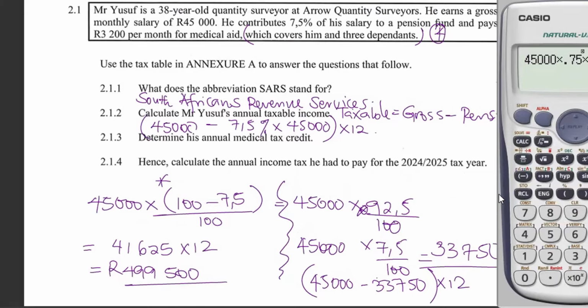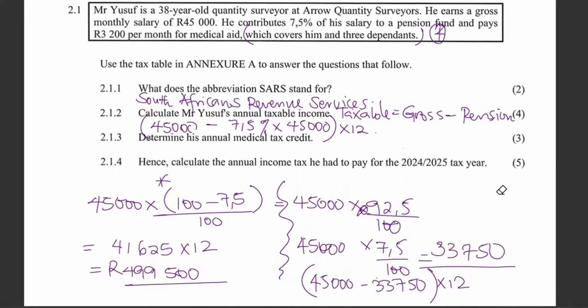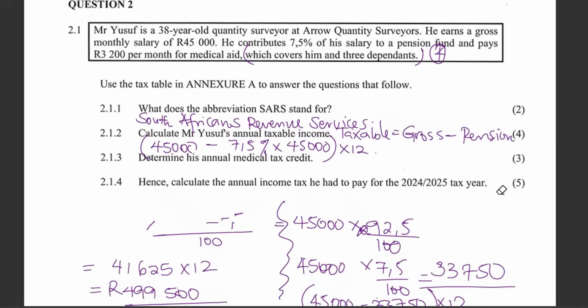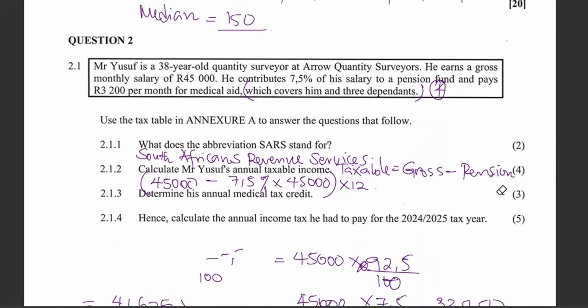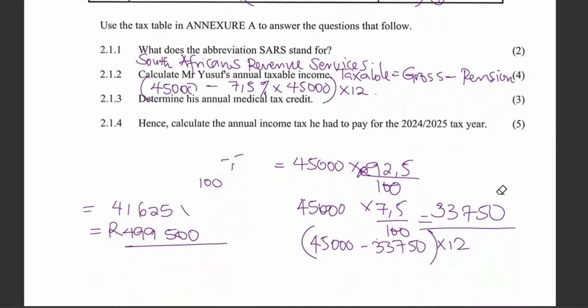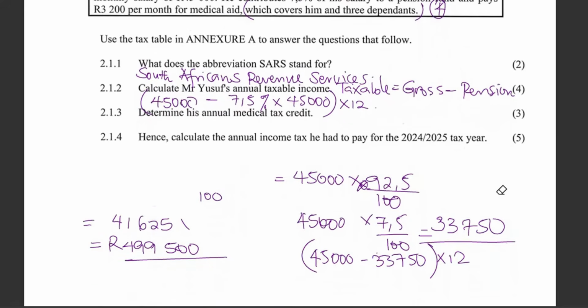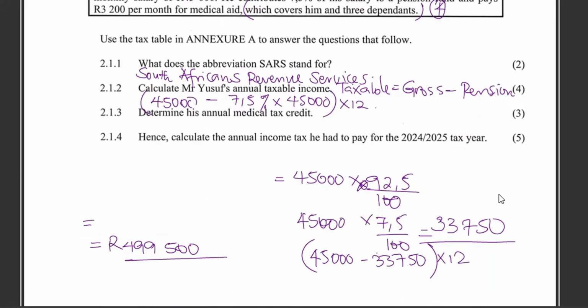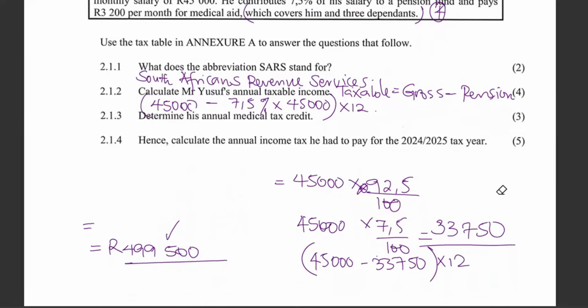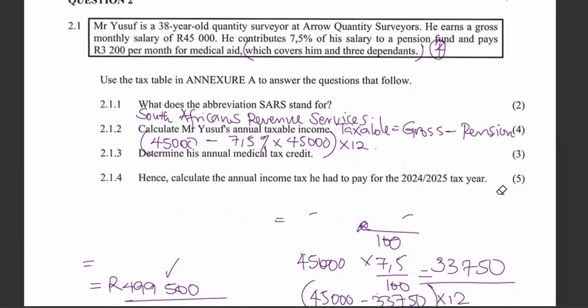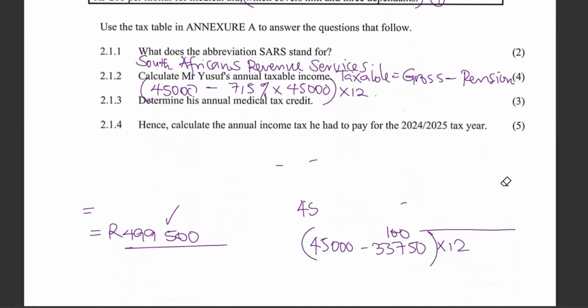Taxable income becomes 495. Okay. Determine the annual medical tax credits.